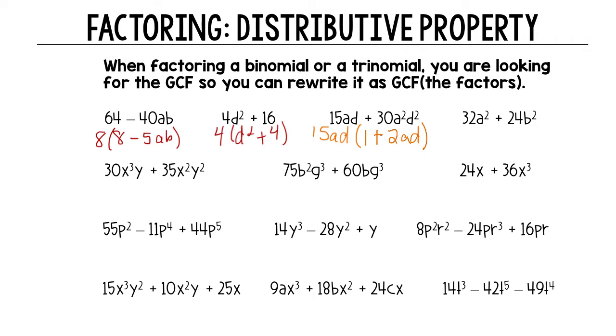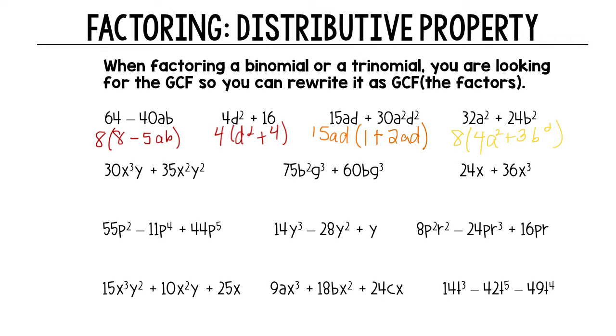Let's try it again. I've got 32 and 24 as my coefficients. I can divide them both by 8 as my greatest common factor. The first term has A squared, the second one has B squared. I can't take anything out of those. So I'm left with 4A squared plus 3B squared.